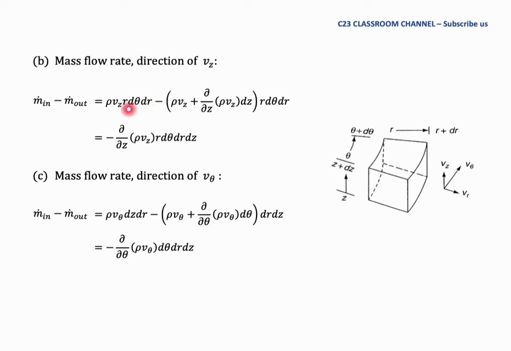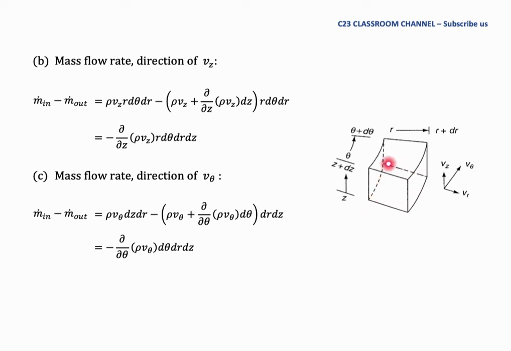Let's see. r d theta is the distance of this side, and dr is the length of this side, so r d theta dr is the area of this surface.